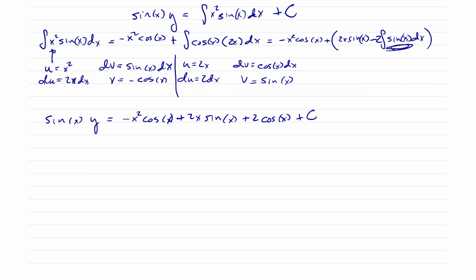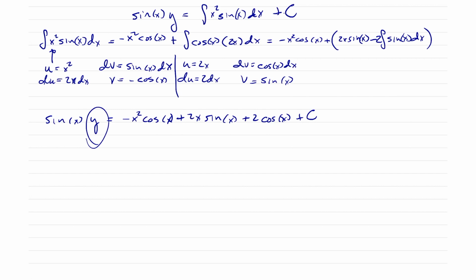I basically forgot to integrate that there, but that's easy enough. That's just negative cosine, right? And so that's why I flipped the sign. And yeah, that's quite a mouthful. I think everything's correct. It's the right number of terms, I think. We have an x squared term, then we reduce it to an x term, then reduce it to a constant, and so yeah, that fits.